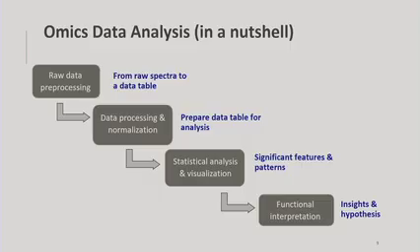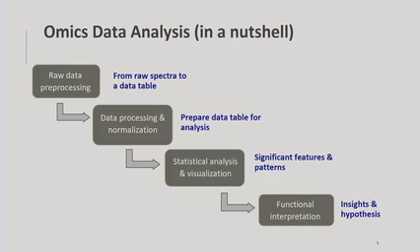And the next step is, after you get a table, what are you going to do? You need to do quality checking, batch effect adjustment, and missing value imputation. We are going to touch on it today. After the data is cleaned, normalized, and fit, you're going to run stats and machine learning on it.